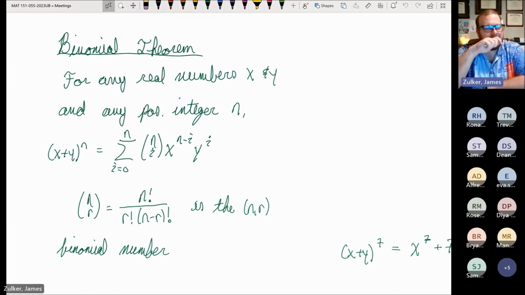So here's the binomial theorem. Simply put, you're going to have a sum of terms.